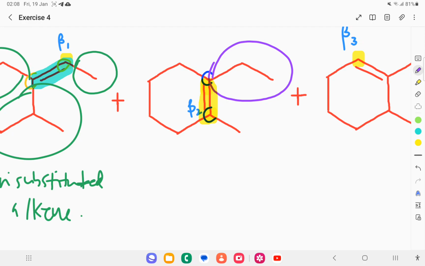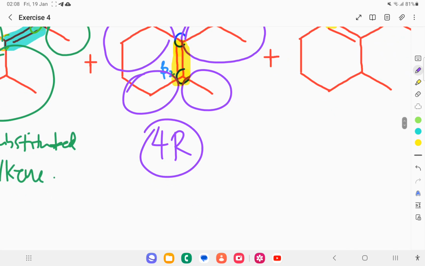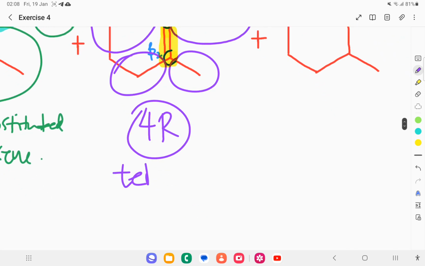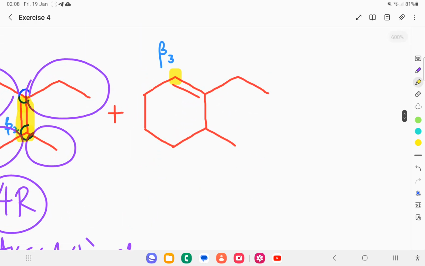This is one alkyl group, ethyl, another alkyl group, another alkyl group, and another alkyl group. So the second product has 4 alkyl groups, which means it is a tetrasubstituted alkene.